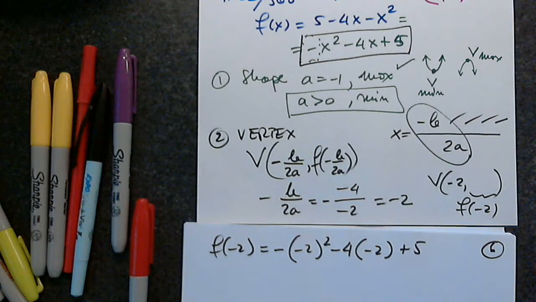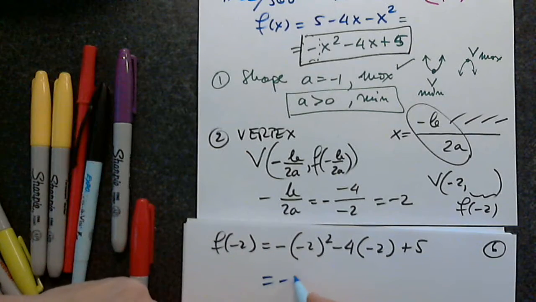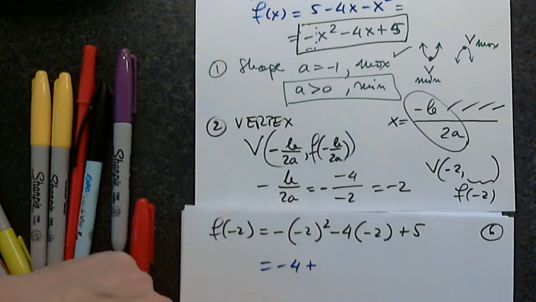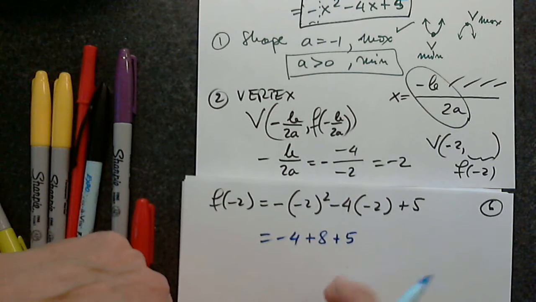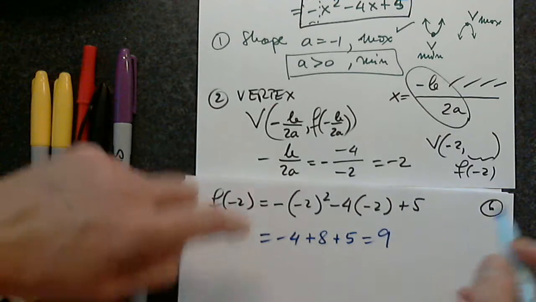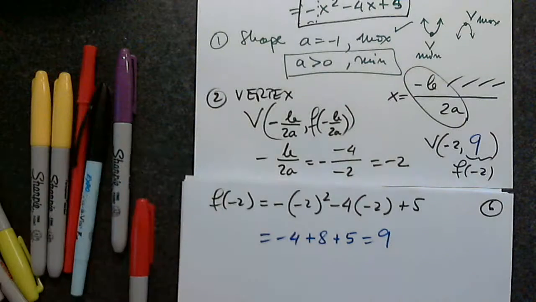By the order of operations, I have to square first. So negative 2 squared is? With minus in front? Perfect. Negative 4 times negative 2? Perfect. And plus 5. So 5 minus 4 is 1. 1 plus 8 is 9. So the coordinates of the vertex are negative 2, comma 9. Is that okay?